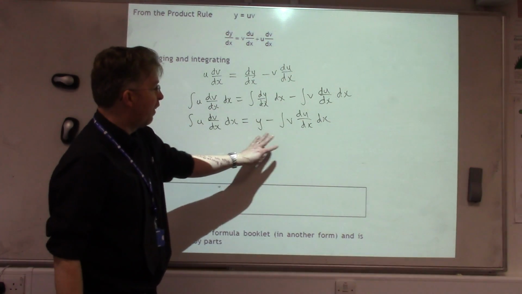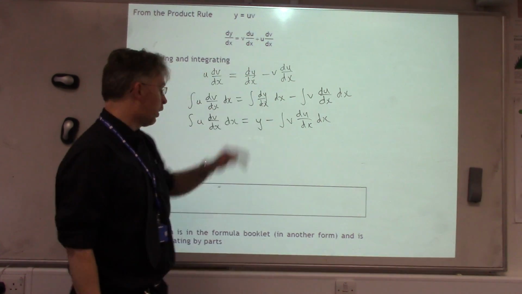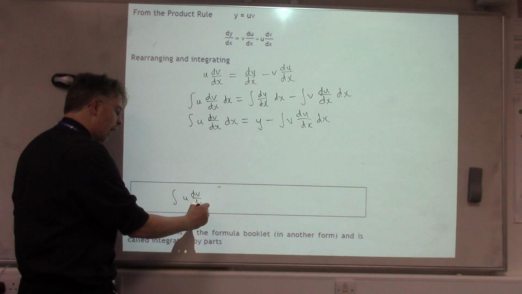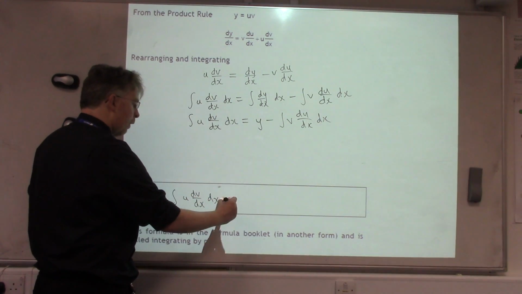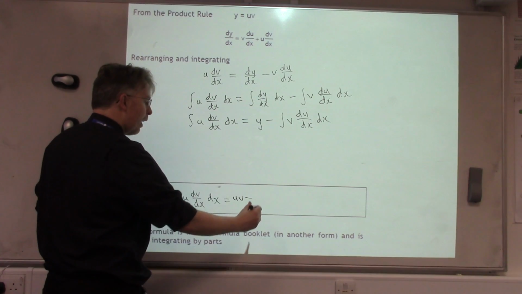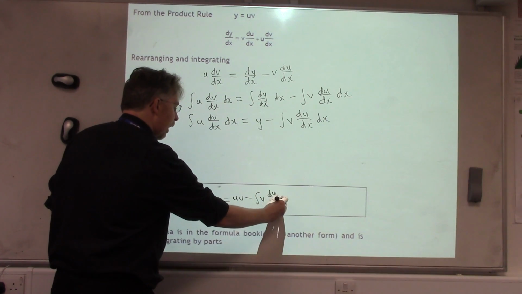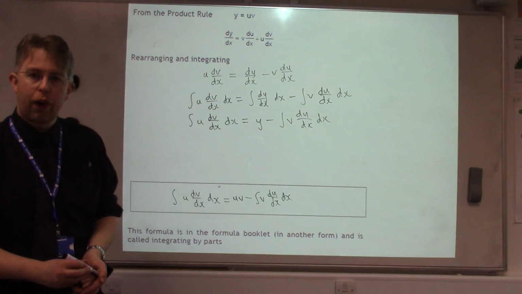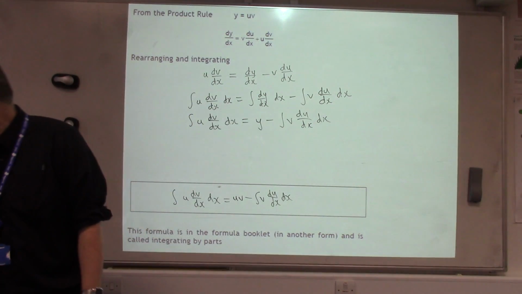To keep everything in terms of u's and v's, y is equal to uv, so we get the formula: the integral of u times dv by dx equals u times v minus the integral of v du by dx. And that's the integration by parts formula, and it is in the formula booklet.